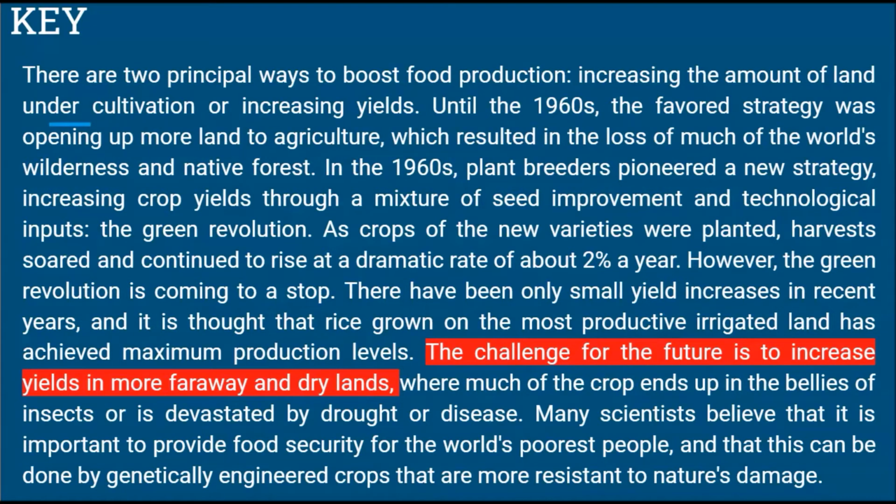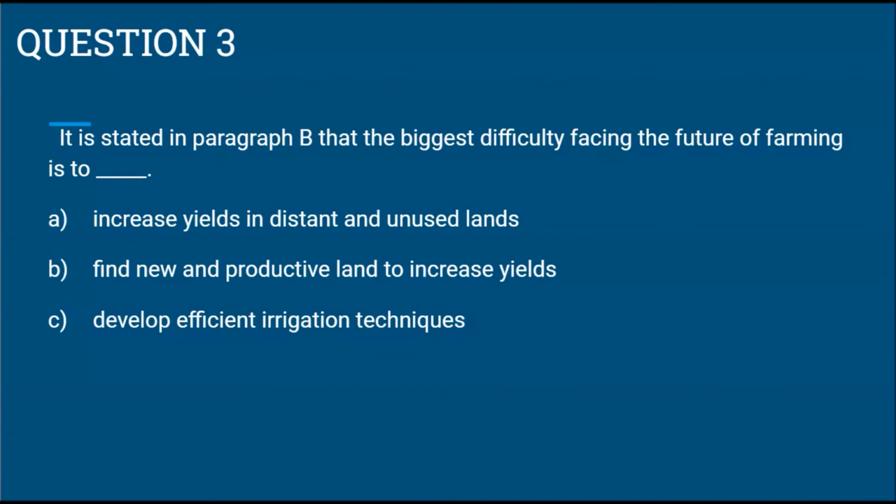As you understand from this paragraph, here we are given that the challenge for the future is to increase yields in more faraway and dry lands. So let's go back to our question and find the choice that relates to this information.